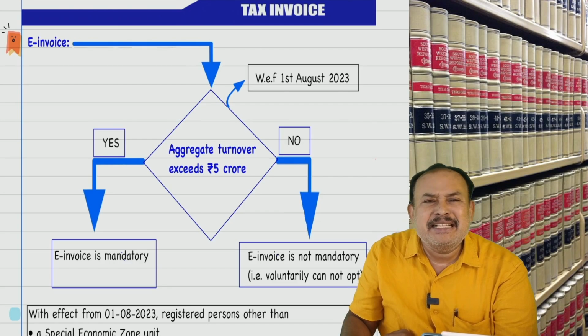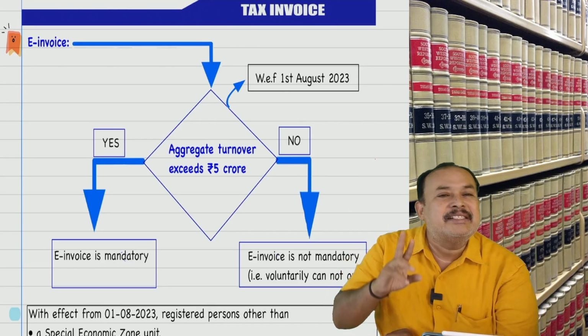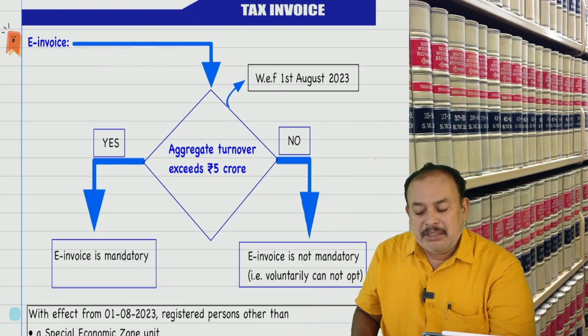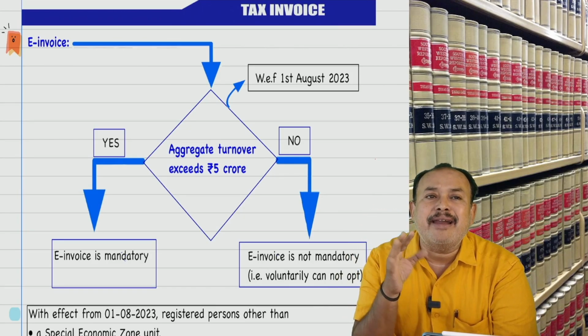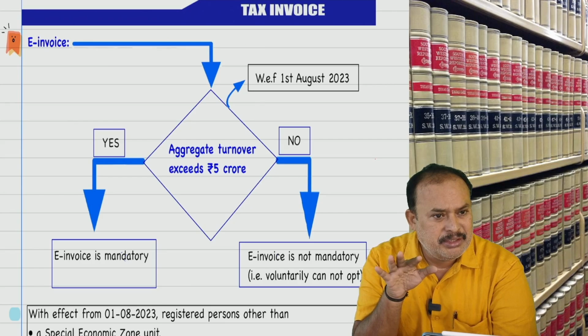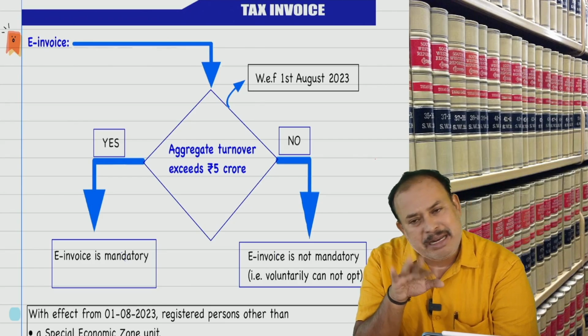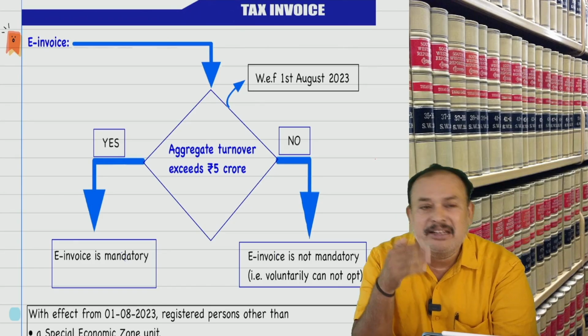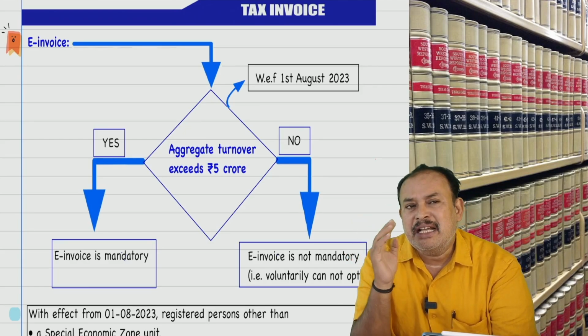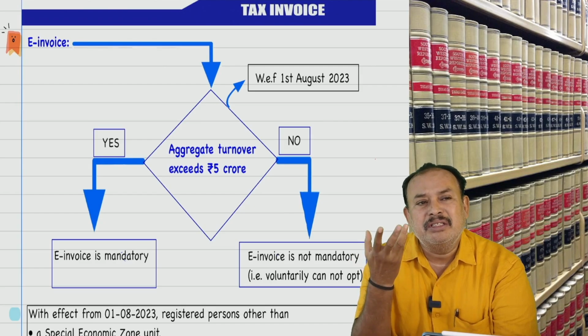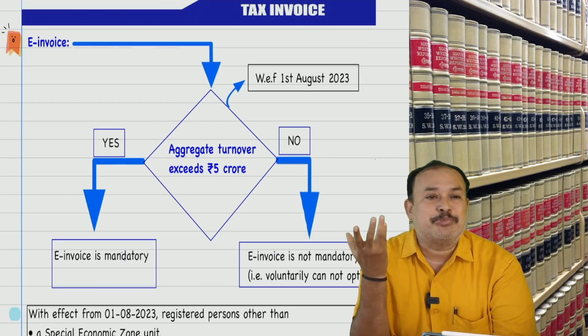Sir, is there any difference between the tax invoice and E-Invoice? Generally speaking, the information contained in the tax invoice remains the same in the E-Invoice also. But in the E-Invoice, two more things take place.